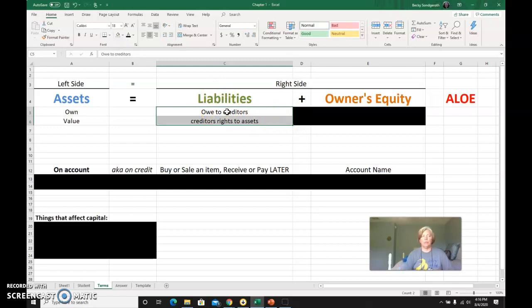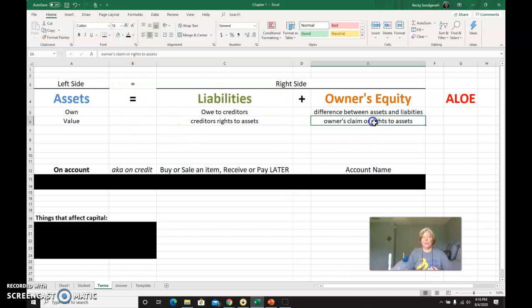They're called creditors when we owe them. And those creditors have the right to the assets. So if I liquidate all the assets, meaning I sell them and convert them to cash, then that cash that I have, creditors have the right first to whatever they're owed. And then whatever assets are left, the owner has a claim to, or the rights to those assets.